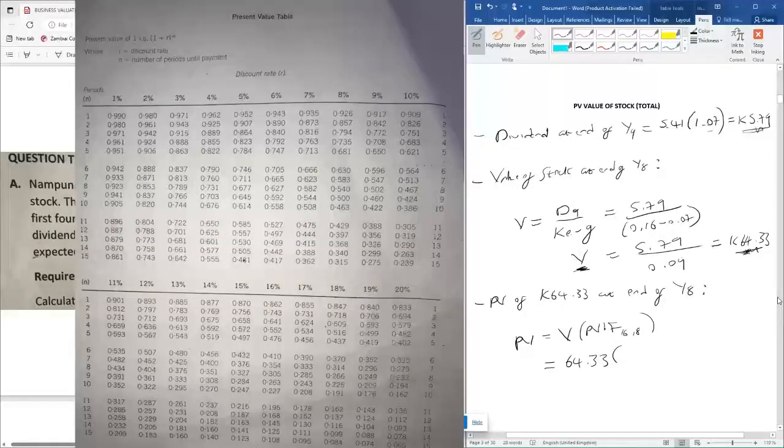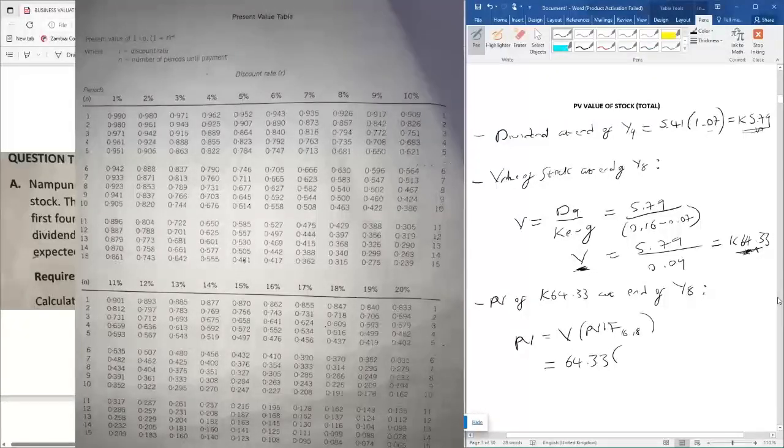We're discounting the value of the common stock at the end of year 8. So the value of the common stock at the end of year 8, we discount it back to what? To period 1 or period 0, to the present value, period 0 actually. So if we're discounting it back to period 0, that means that our number of periods is going to be 8, and then our cost of capital, or basically our discounting factor in this case will be what?